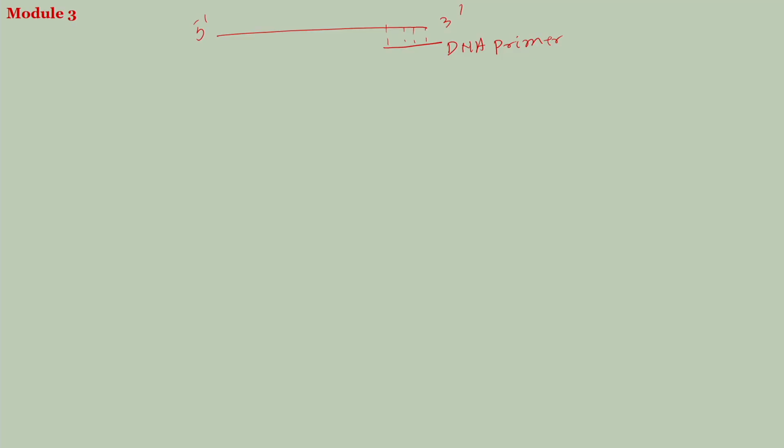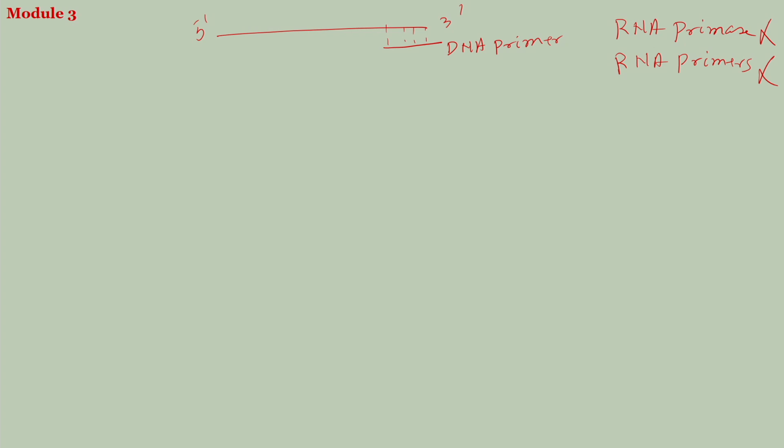So, since you do not require the RNA primers, the RNA primase enzyme is also not required. Therefore, RNA primers are also not required. So, you see how the process becomes simplified one by one.